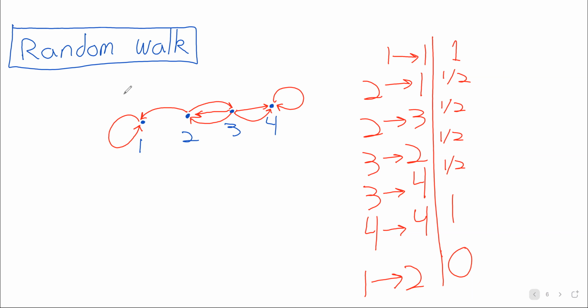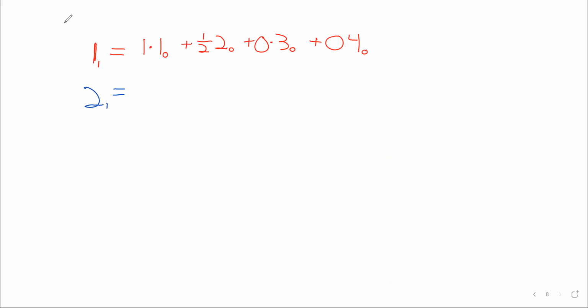I, for some reason, wrote the one arrow twice, but the only way to get into state 2 is to start in state 3 and transition into state 2. So we start in state 3 with a probability p3 sub 0.